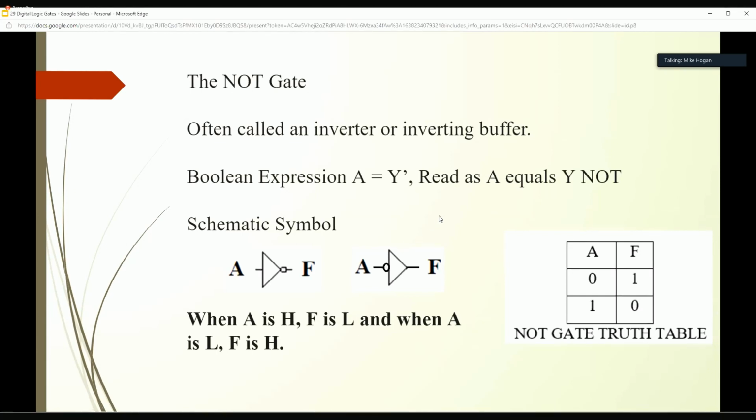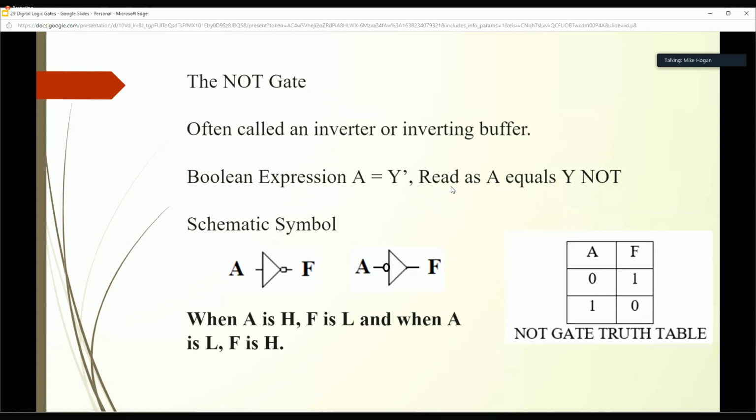The NOT gate has two different ways of writing this gate. You can see we've got this bubble inverter, this little circle on the output. And all that means is whatever the output would have been, we're going to change it. So this is going to be read A is equal to Y naught, right?